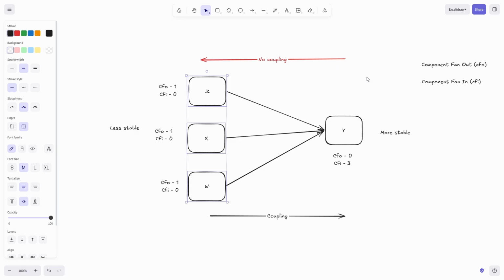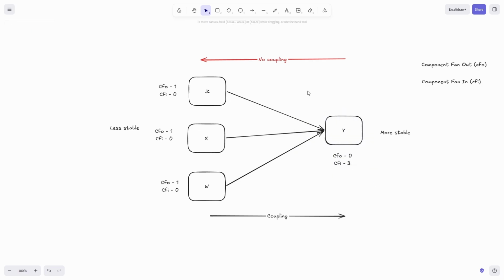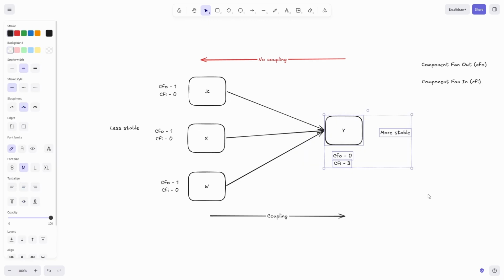Downstream as in services or components that consume this one. So you probably put your more senior people on this component that is more stable, because a change here would have a lot of impacts downstream.